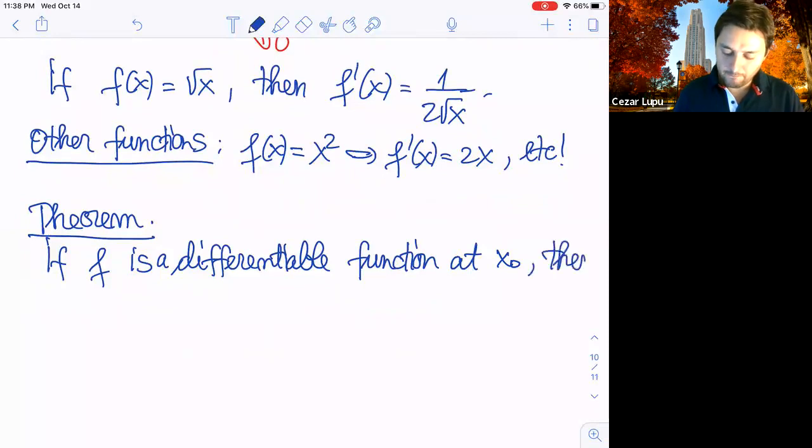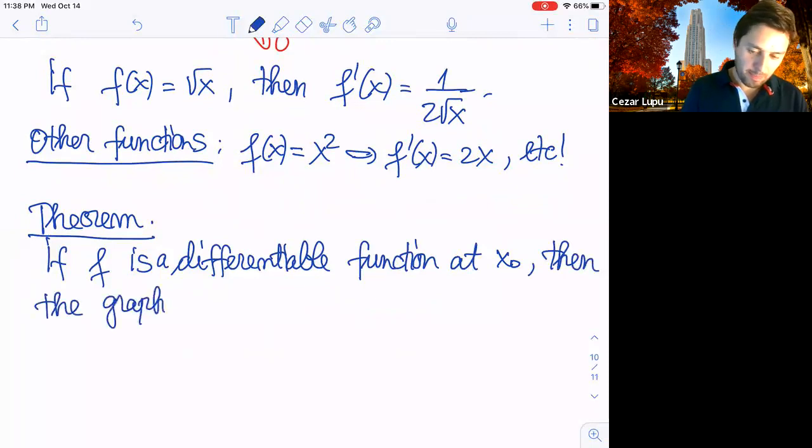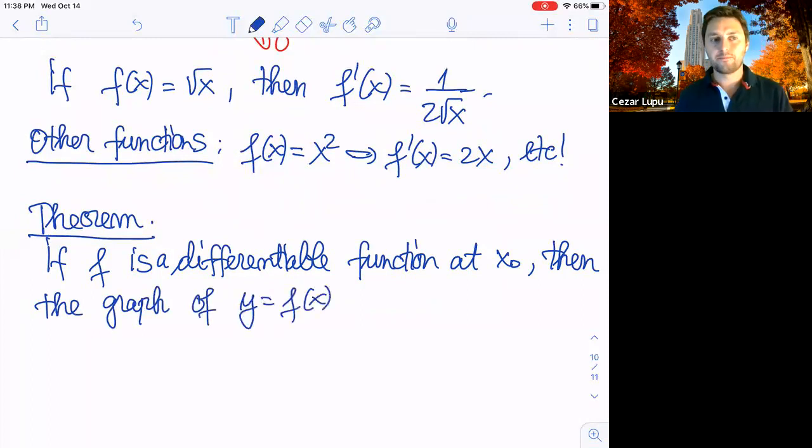Then the graph of y equals f of x, right?